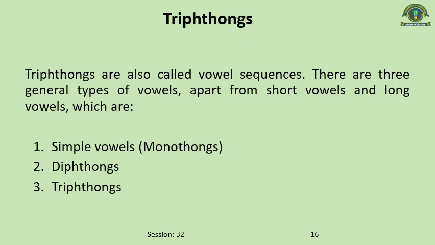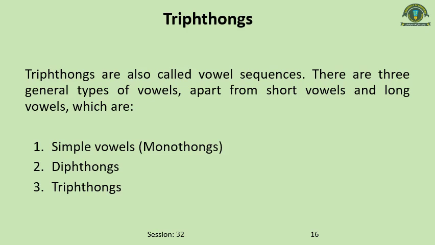If somebody asks you to tell the types of vowels, the answer is there are 3 types of vowels. Simple vowels, which you can call monophthongs, the second is diphthongs, and the third one is triphthongs.